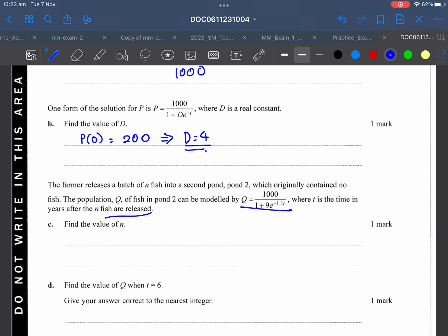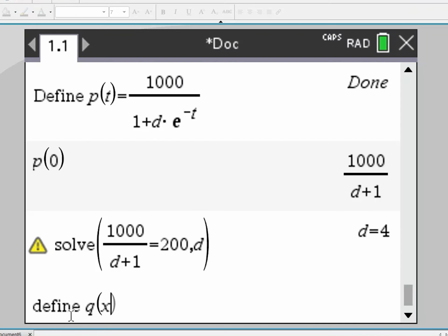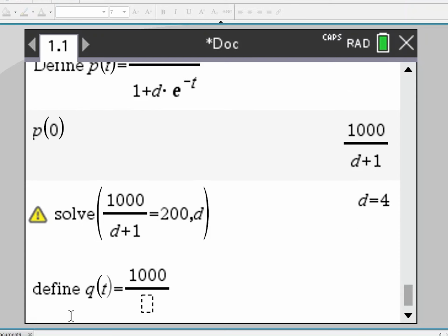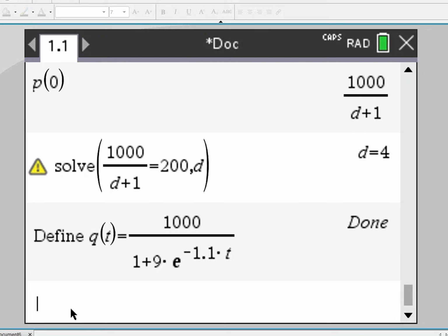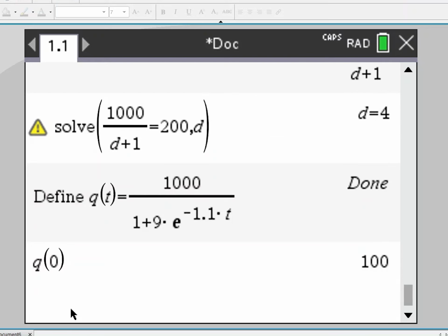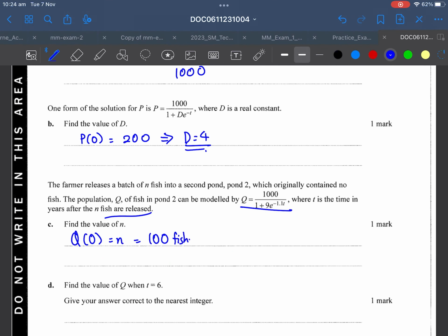Find the value of N. So we have to basically find Q of 0 equals N. So define Q of T, which equals 1000 divided by 1 plus 9 times E to the power of negative 1.1 times T. And so Q of 0 is going to be 100 fish.